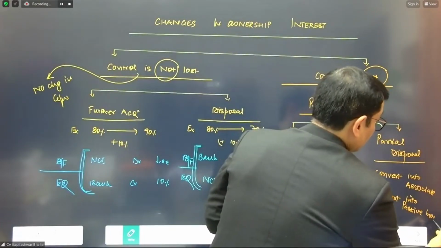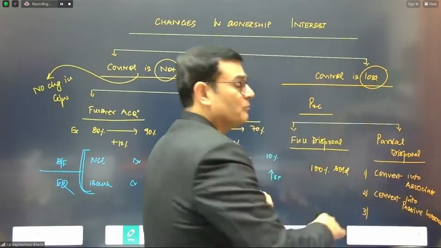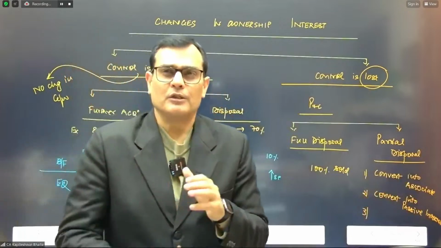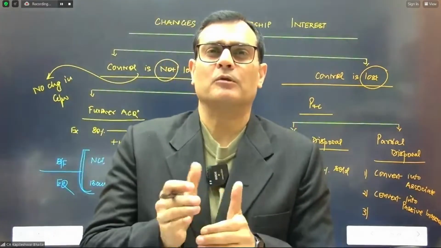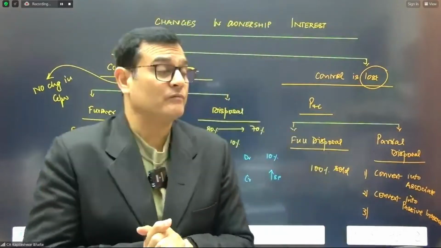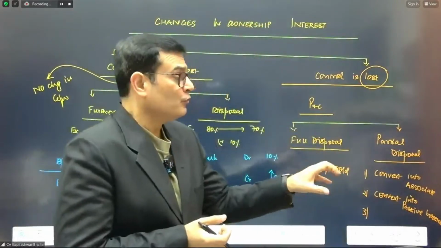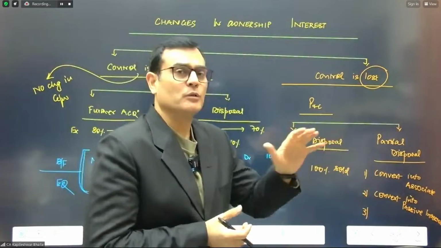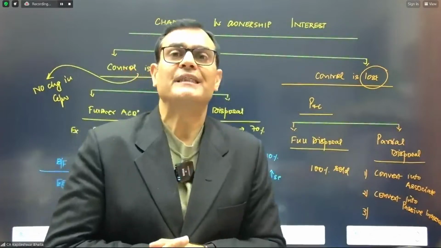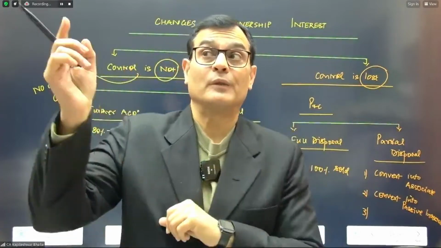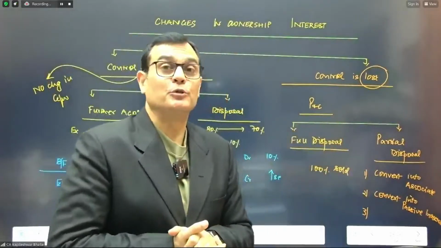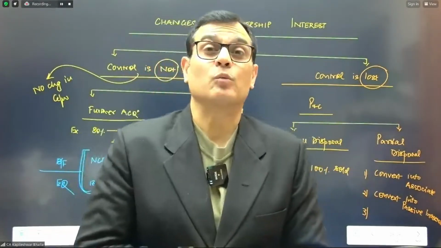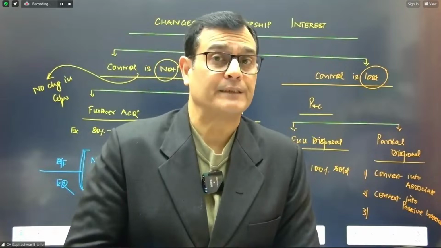A passive investor would mean that your stake goes down below 20. If you remember earlier, we said a significant influence means 20 or more than 20. A passive investment would mean below 20. So your disposal takes place and you convert into an associate, 110 to 28. Or it could be a situation where you convert into a passive investor, that is 110 to 109.